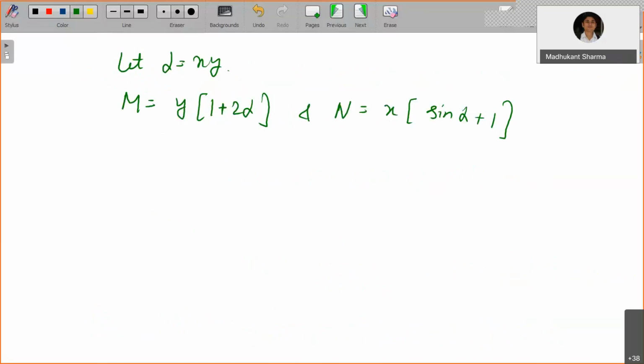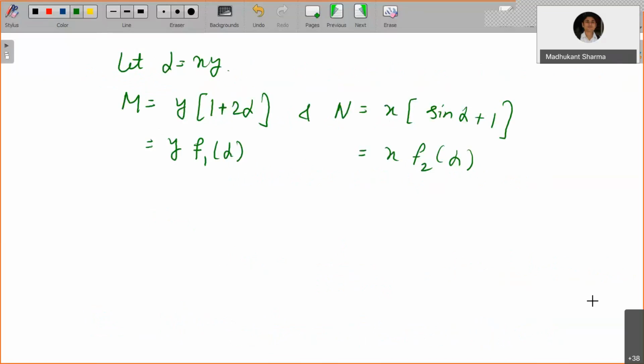So M is equal to y into a function of d, and N is equal to x into some function of d. So this is a function of d, and this now falls into this case.